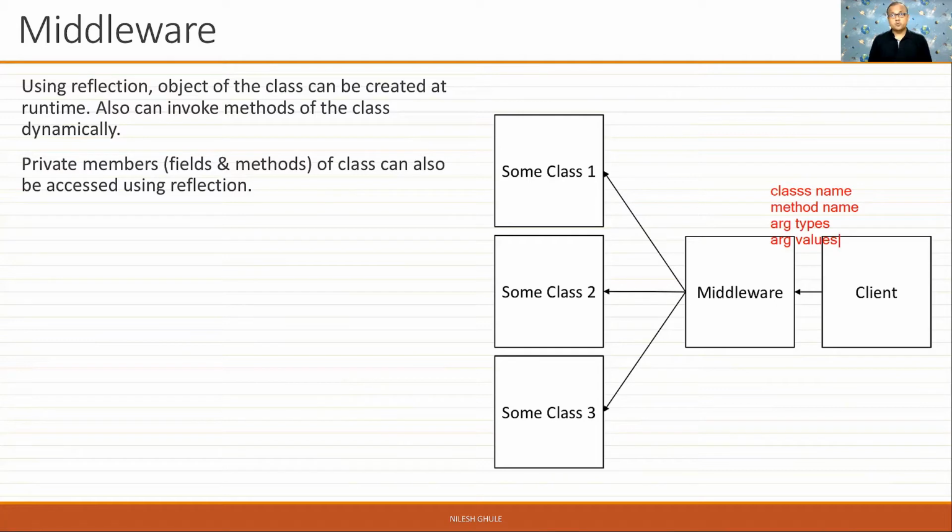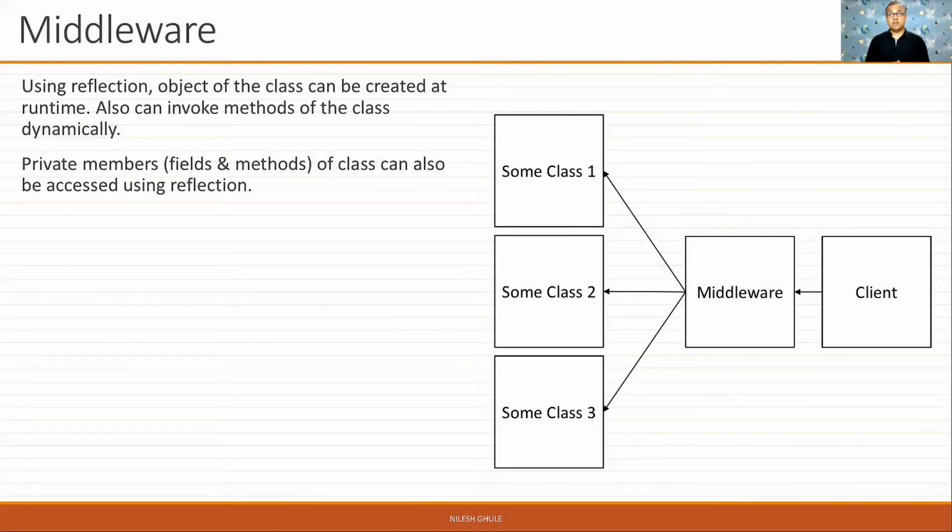With these inputs, this middleware will be capable of calling the given method of the given class at runtime, and whatever the result is, it will return it back to the client. You will understand this better when we do it practically.